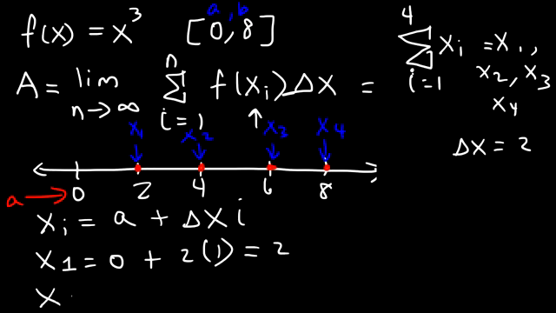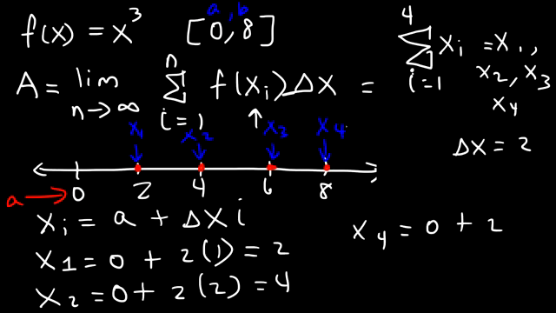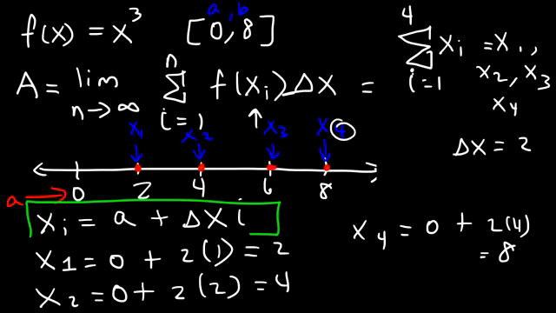Now if we want to calculate x sub 2, it's going to be 0 plus 2 times 2, which is 4. And if we wish to calculate x sub 4, it's 0 plus 2 times 4, since i is 4. So that's going to have a value of 8. So x sub i tells us the value of x at some point along the number line.